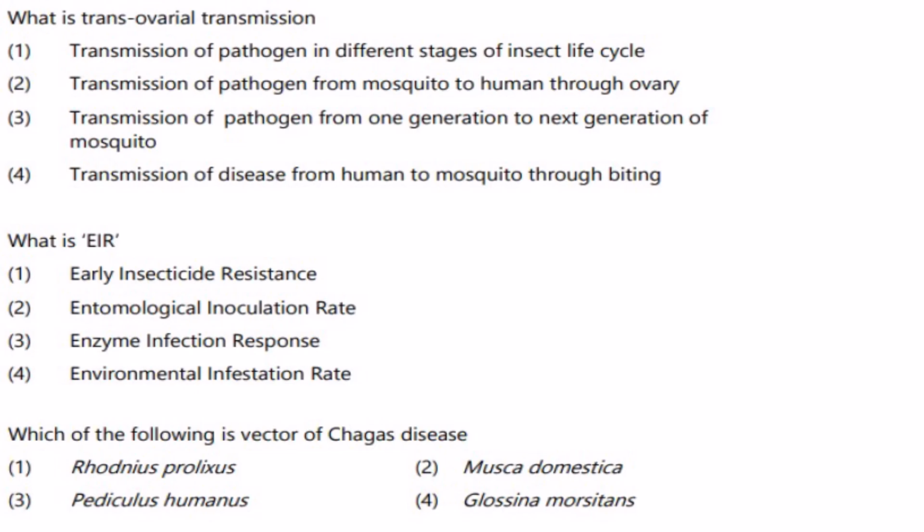Then coming to the first question, what is trans-ovarial transmission? For example, I am taking the case of an infected female mosquito. The mosquito is a carrier of some pathogen such as virus, bacteria or any other parasite.